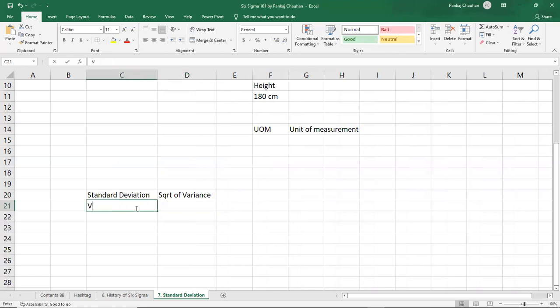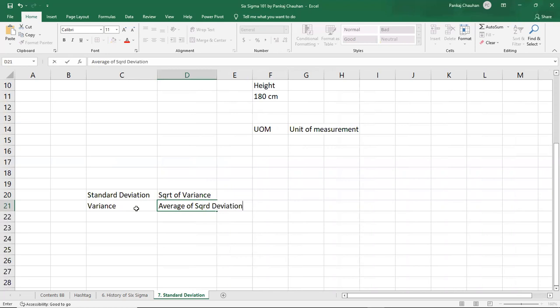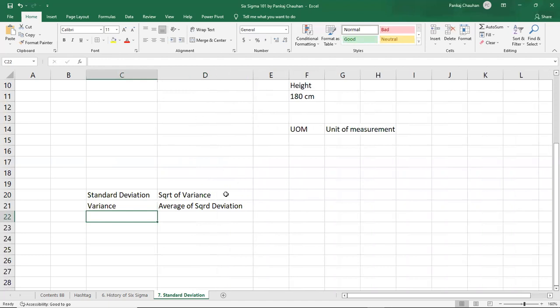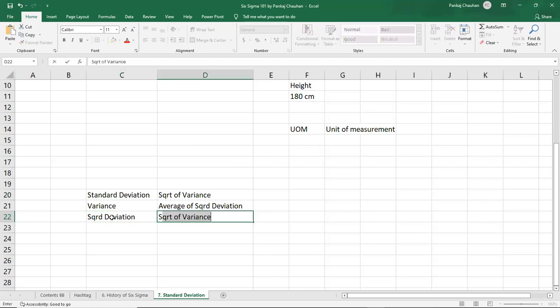The variance, when you calculate it, is the average value of the square deviation. Okay, now another thing, what is the square deviation? Square deviation is just the deviation that you have, squared, like the square of deviation.